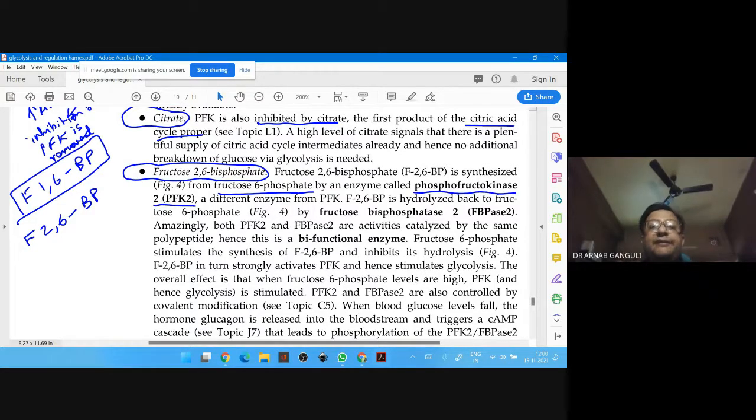We are talking about PFK1, but this is another enzyme, PFK2, that converts fructose 6-phosphate to fructose 2,6-bisphosphate. That is, two phosphates are there, not one as for fructose 1,6-bisphosphate. That is the work of PFK1 or PFK only.